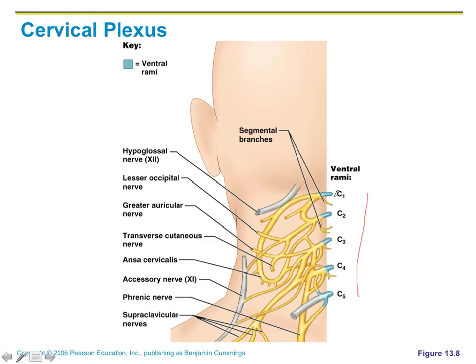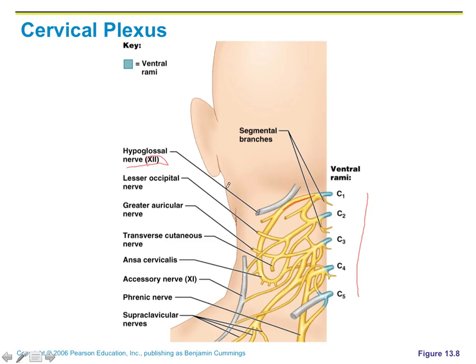First, let's draw a line from C1. If we draw through here, we have another structure come close to the C1. This is called the hypoglossal nerve, the 12th cranial nerve.